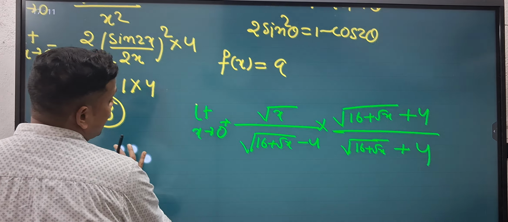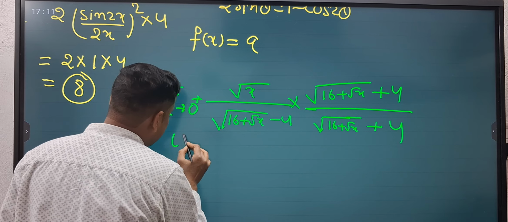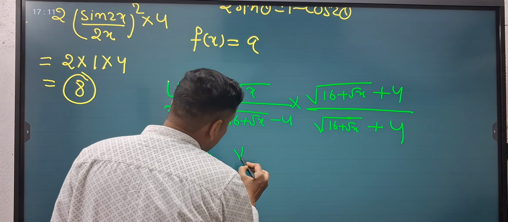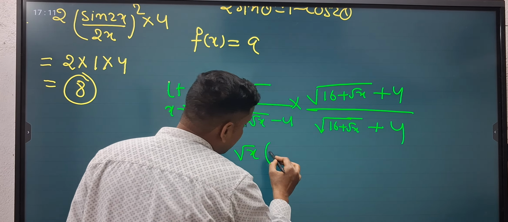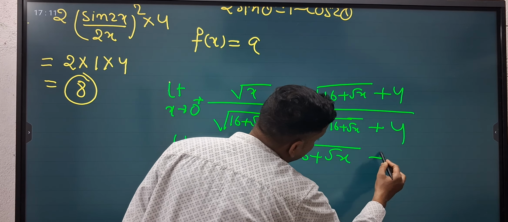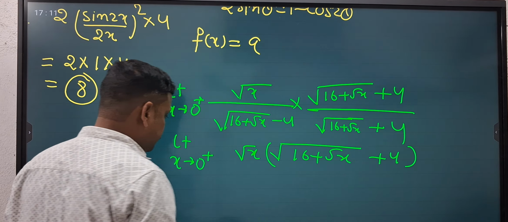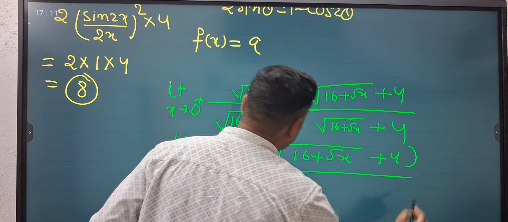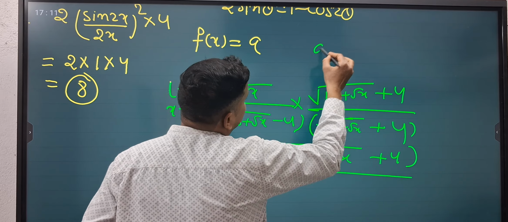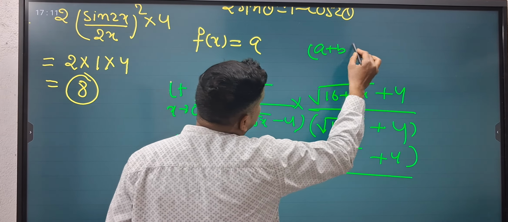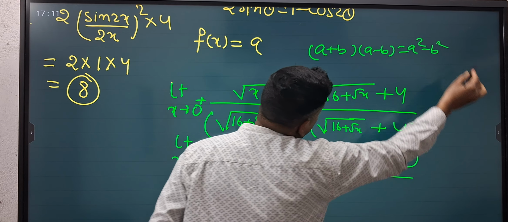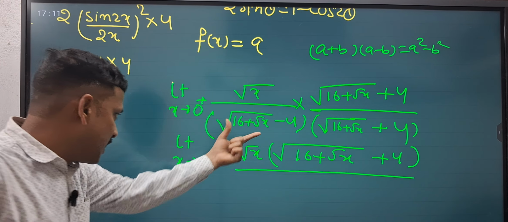So by conjugate I multiplied, and I will get limit x tends to 0 plus root x into this bracket (root of 16 plus root x plus 4). Here you will see that there is one identity: (a plus b) into (a minus b) equals a square minus b square.